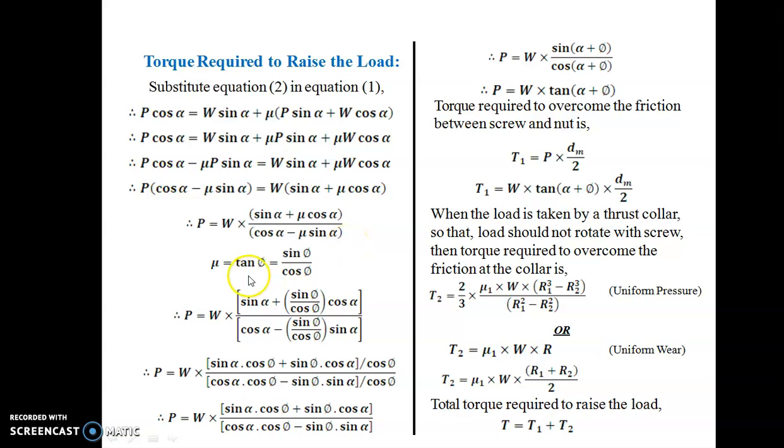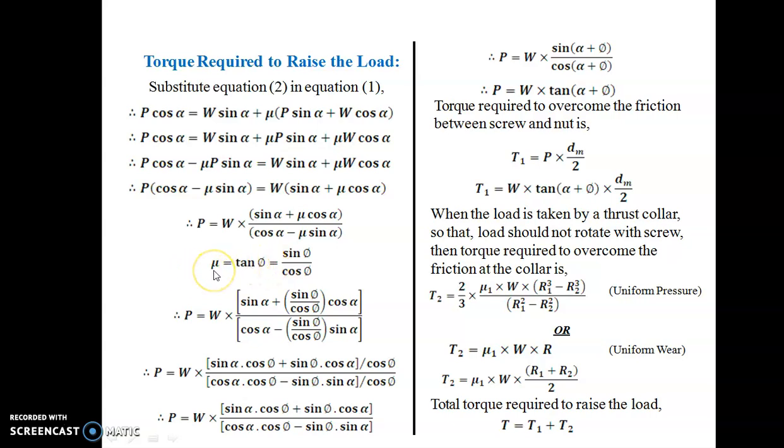But what is the relationship between coefficient of friction and friction angle? That is mu is equal to tan phi, where phi is the friction angle.